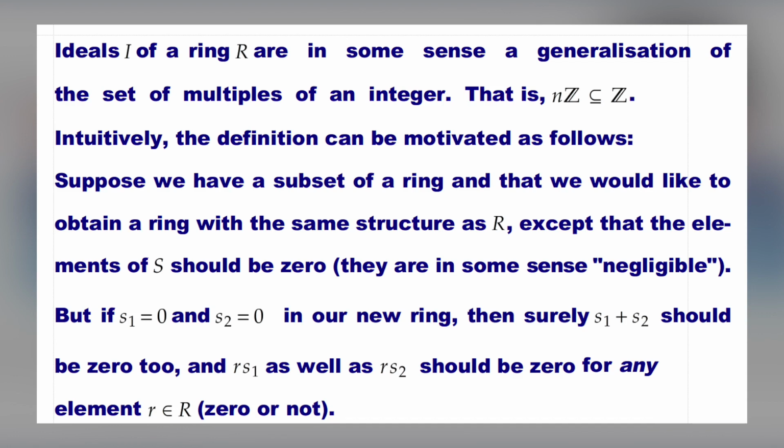They are in some sense negligible. But if s1 equals 0 and s2 equals 0 in our new ring, then surely s1 plus s2 should be 0 too, and rs1 as well as rs2 should be 0 for any element r belonging to R.